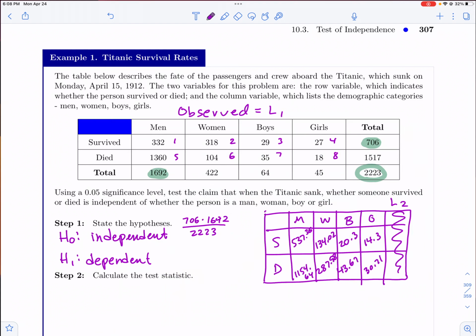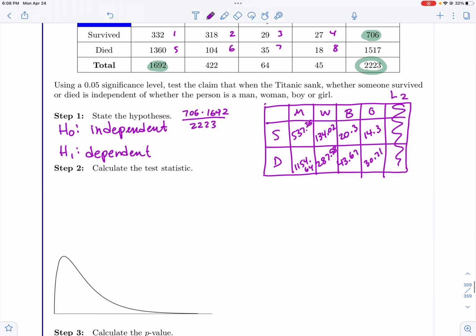So if we go back to the paper to calculate our test statistic, we're going to do chi-squared sub t, which is the sum of our list 1 minus list 2 squared, all divided by list 2.